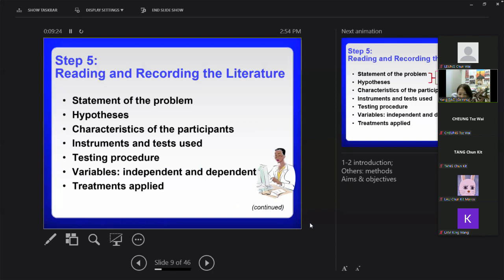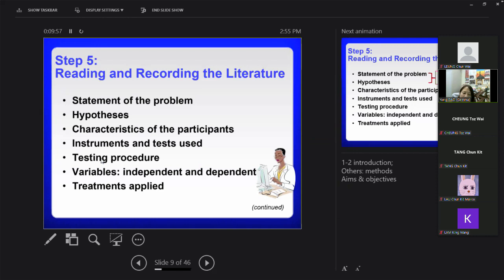For example, children, adults, patients, or healthy human populations. And also take a look at the instruments and the tests applied: the questionnaire or the equipment, the tests, for example, the tests for fitness level, the details, and also the data collection procedure and the testing procedure.